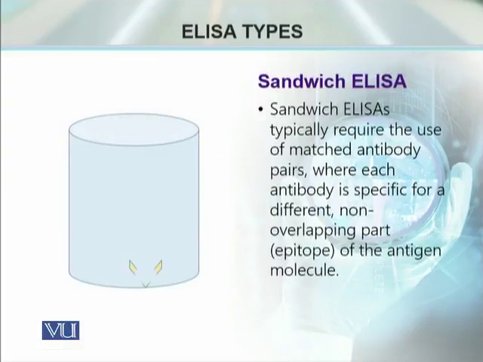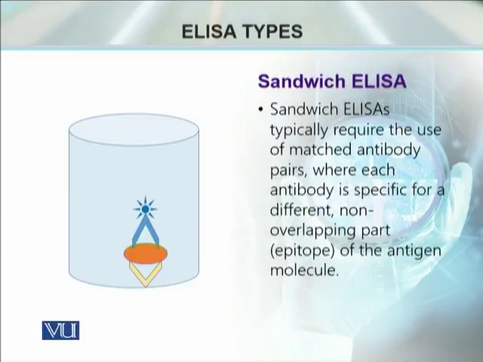In that pair, one antibody is known as the capture antibody. The second one is known as the detection antibody. The capture antibody is basically the one which is coating that particular polystyrene plate well.